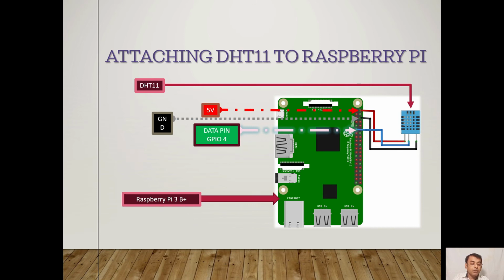So first one is the VCC, the red one, connected to 5 volt of the Raspberry Pi, and then we have the data pin which is connected to GPIO pin number 4, and another one, this black one, is connected to the ground pin of the Raspberry Pi. Okay, this is the circuit diagram, guys.